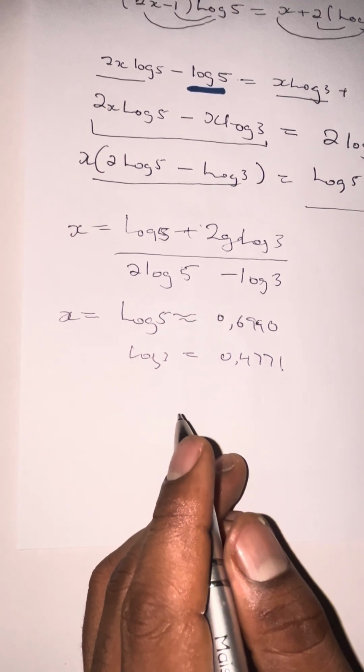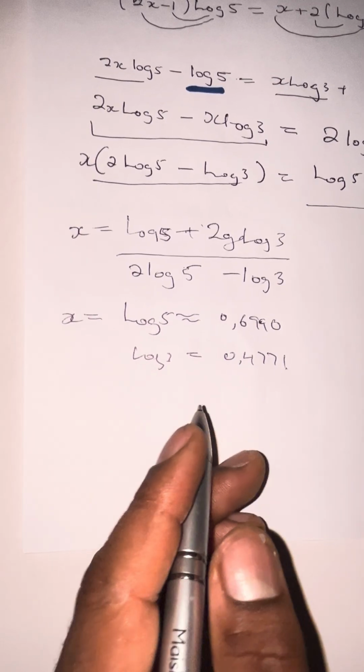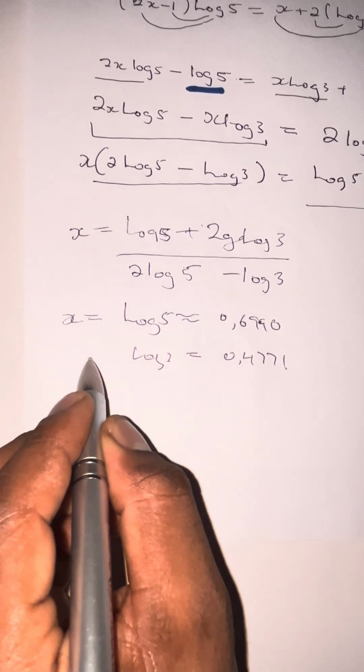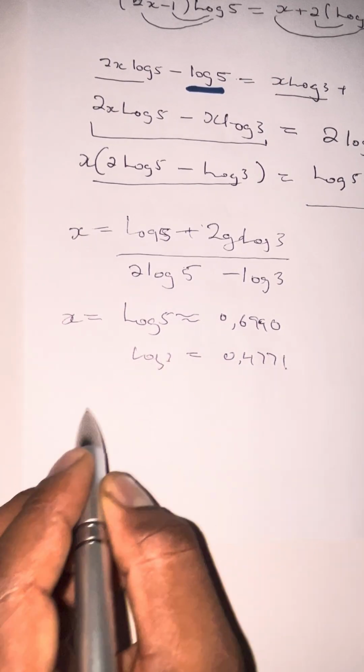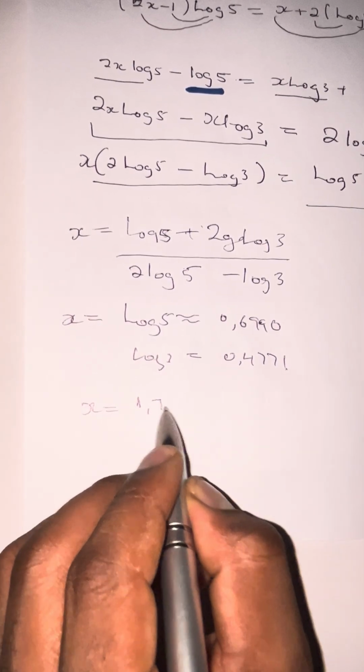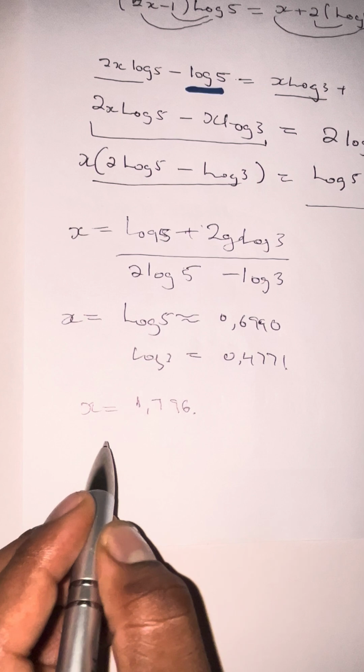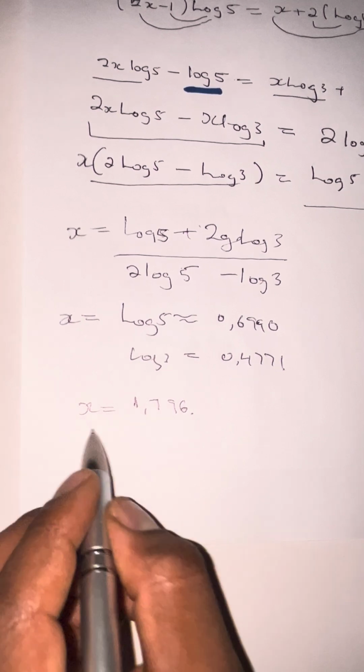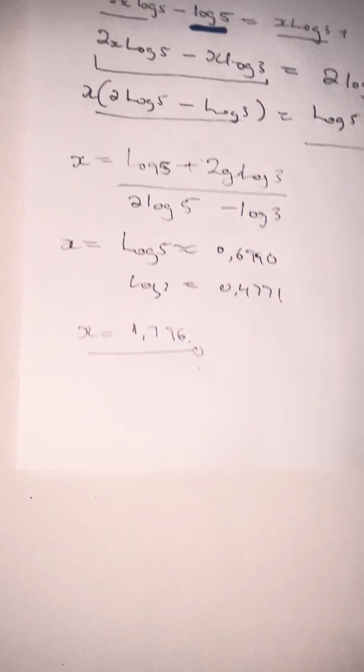So in this manner, let's fast forward this. x is equals to 1.796. This is our final answer.